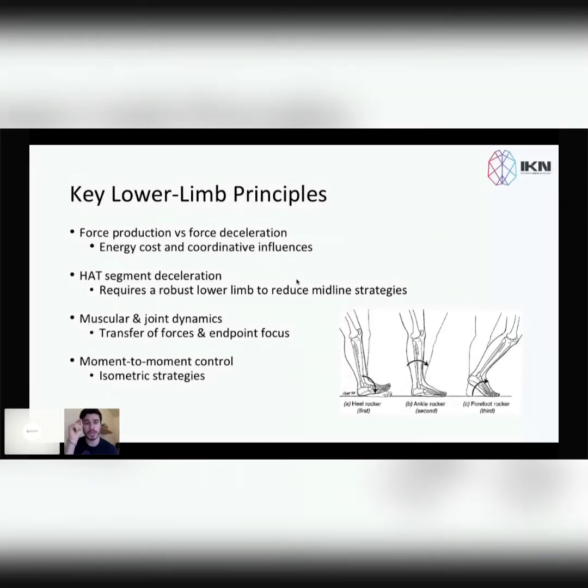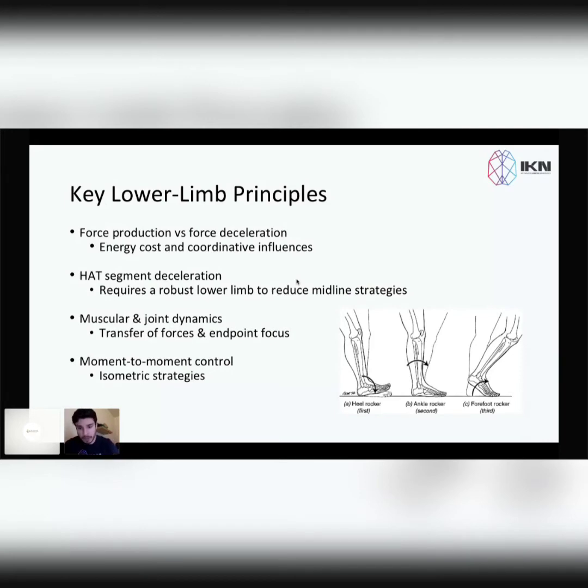That's why looking at specific isometric strategies is extremely important. But not just doing a hamstring isometric or a quadricep isometric, but how can we do an isometric activity through the foot to actually access these biarticular muscles?